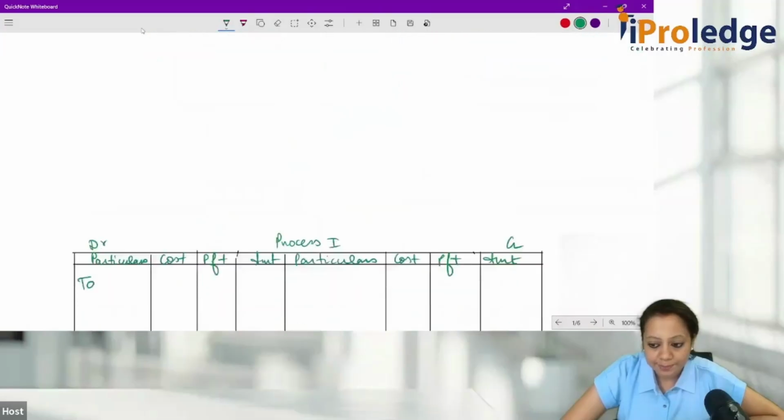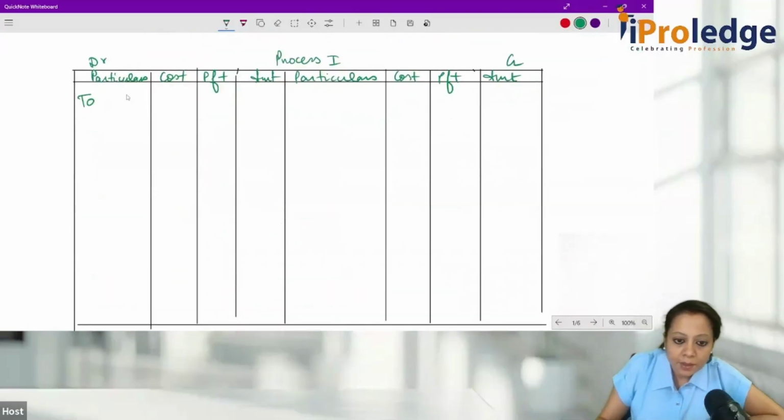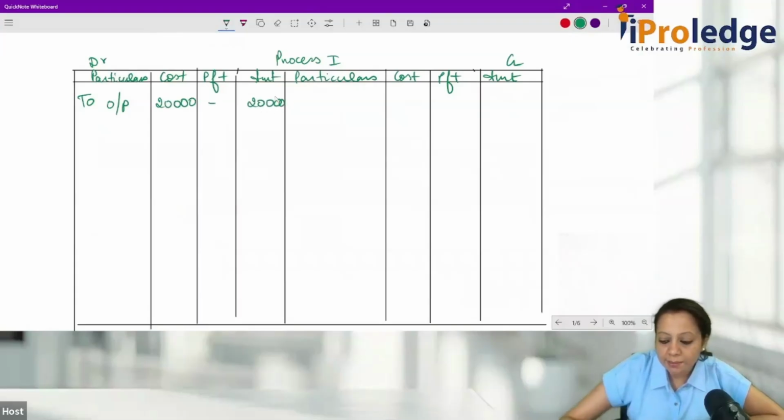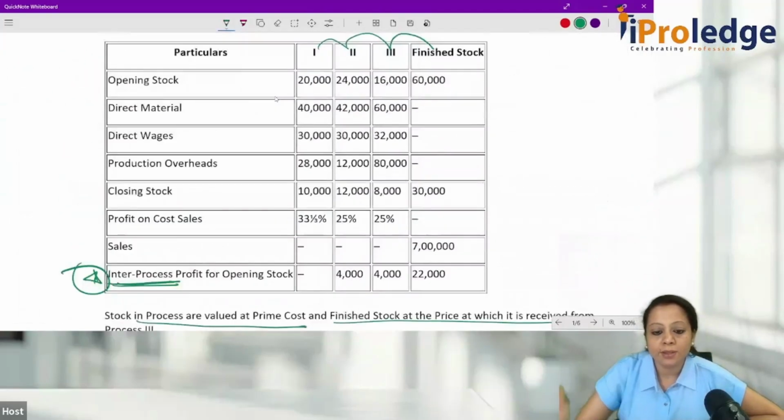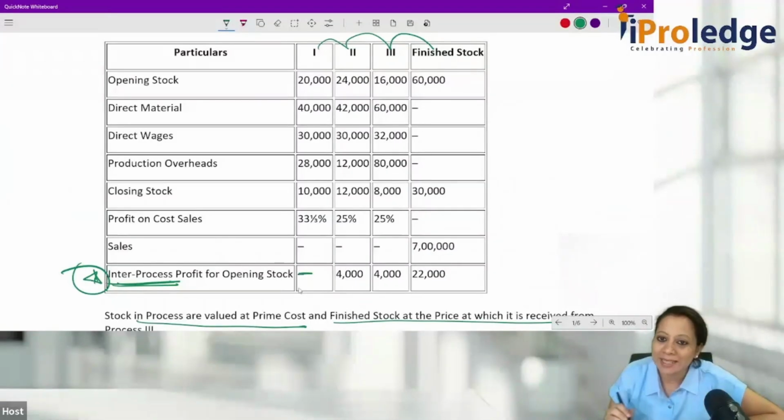So, to opening, it is going to be 20,000, nil, and 20,000. Why is it nil? I will tell you the reason. You all see the last row of the table: inter-process profit in opening stock is nil is given in the question. That is why nil.